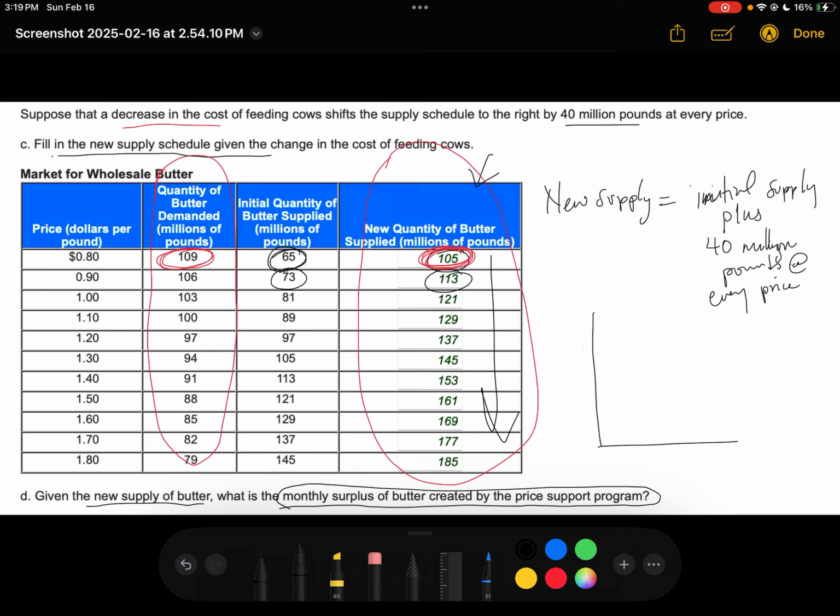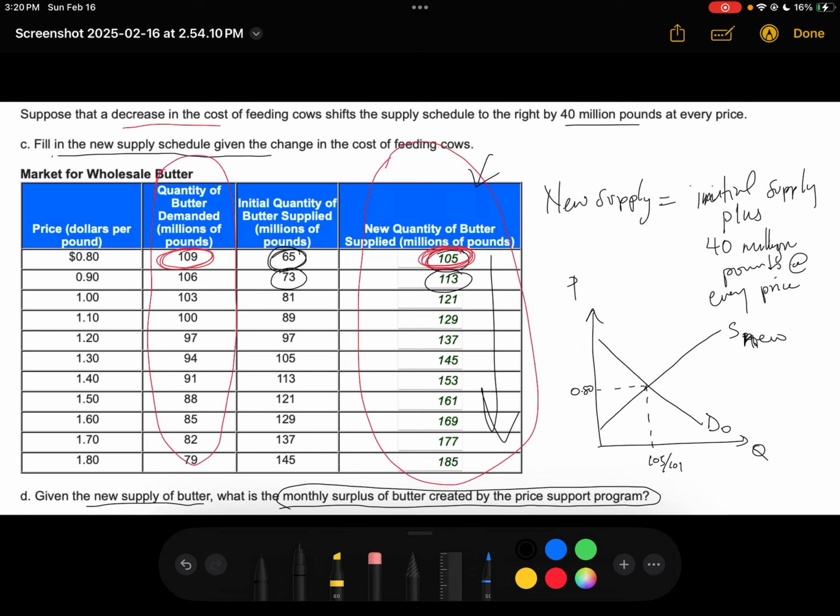I have my price, I have my quantity, I have my initial demand, let's say D0, and my new supply, let's call that S new. And our equilibrium quantity and equilibrium price, something around 0.8 or 80 cents and something around 105, 109.